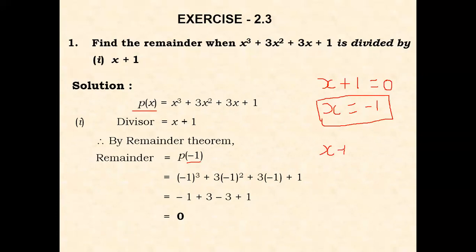X plus 1 is completely dividing, and it's a factor of the given polynomial px. Why factor? Because the remainder is 0. So you know that in arithmetic, if you divide 10 by a value that is 2, it goes 5 times. 2 5s are 10.